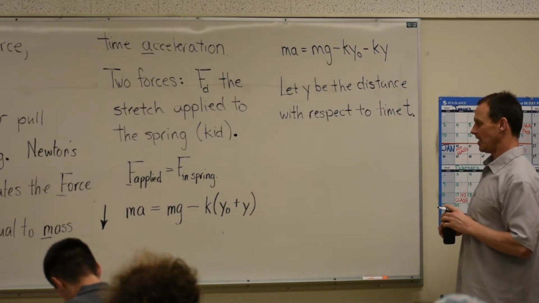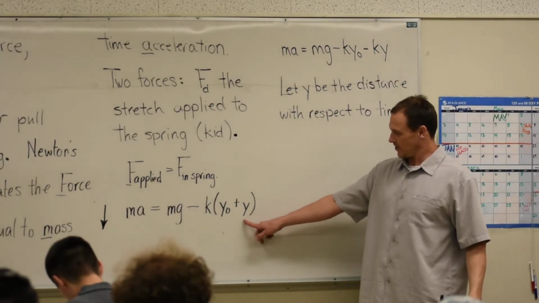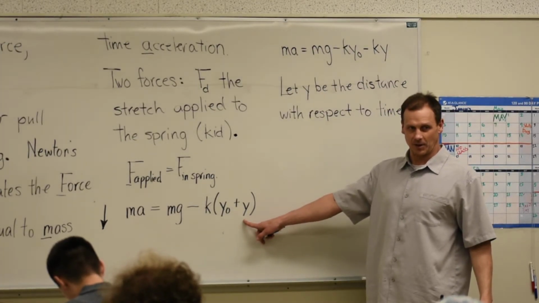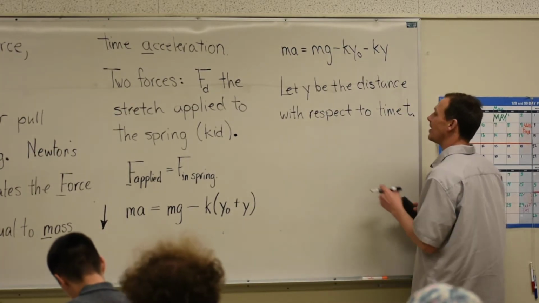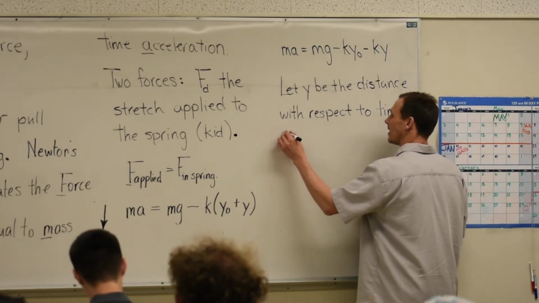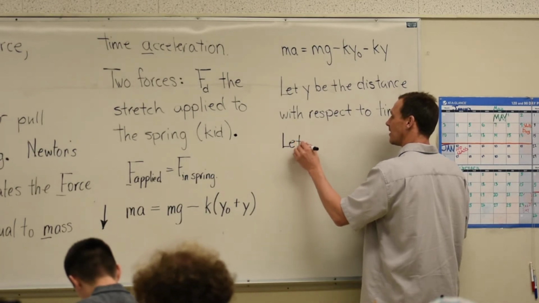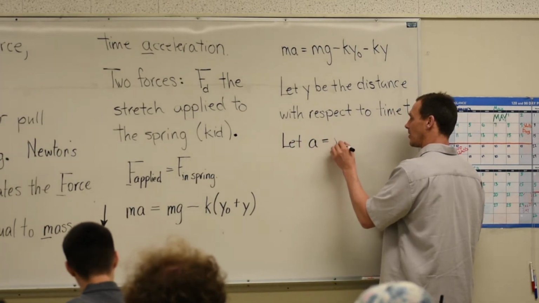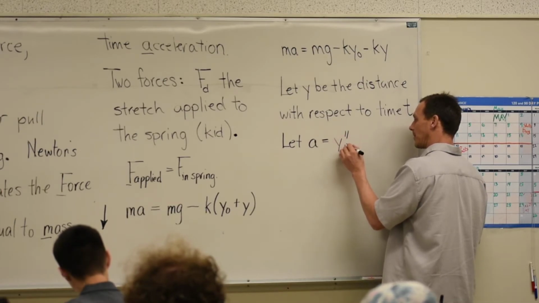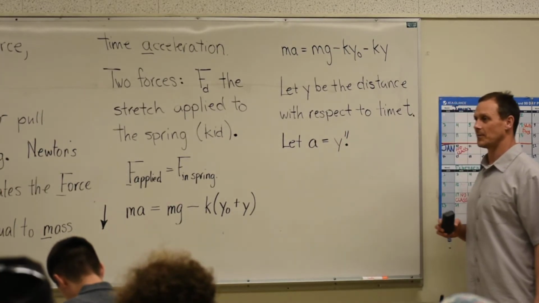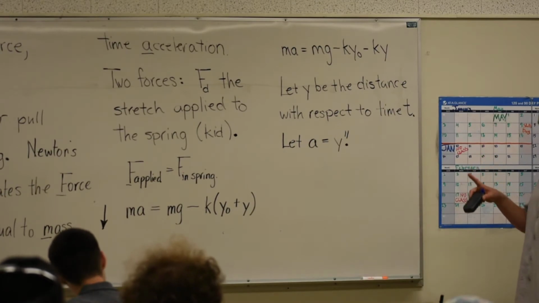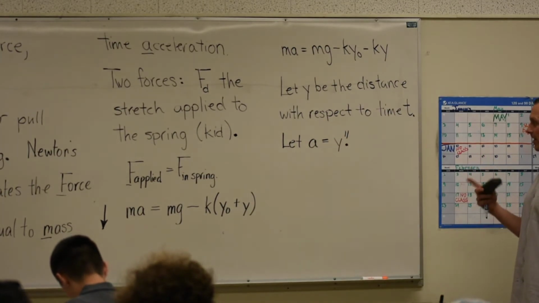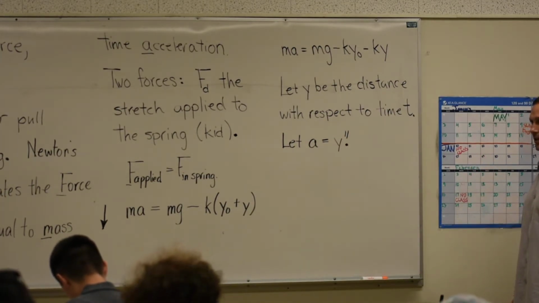Okay, so if y is a function of time, that's how we express our distance, then what we're going to do is we're going to let a, the acceleration, be y double prime. So if you have y as just some function that gives you the distance, its second derivative gives you its acceleration.